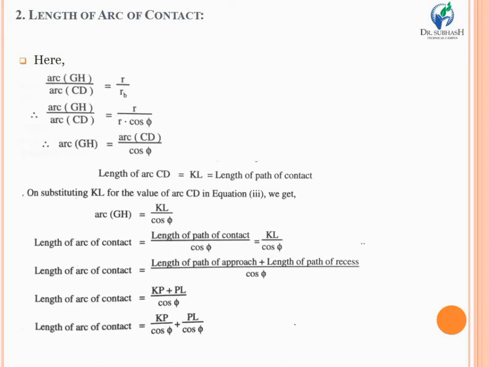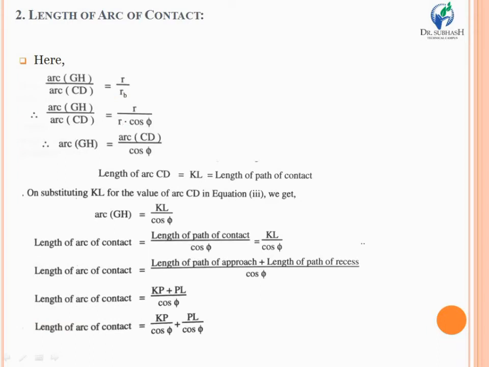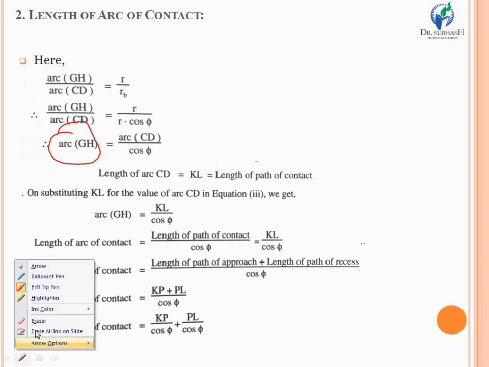Now from both of those relations we can have the ratio of arc GH upon arc CD equal to R upon RB. Now replace this radius RB with its value, so the relation becomes arc GH upon arc CD equal to R upon R cos phi. Converting this relation in terms of arc GH, it will look like arc CD upon cos phi, because R and R cancel out.